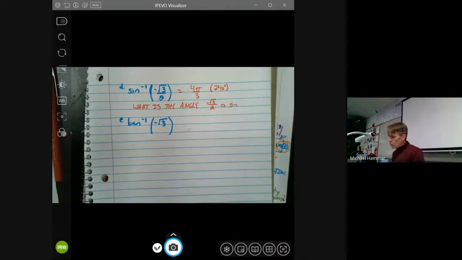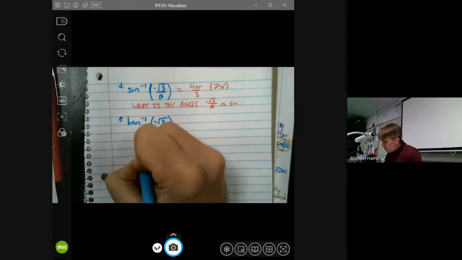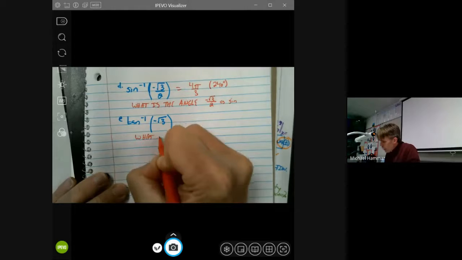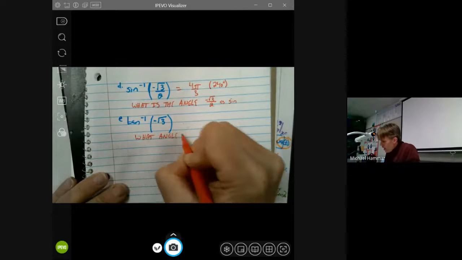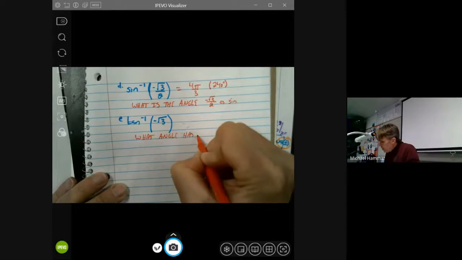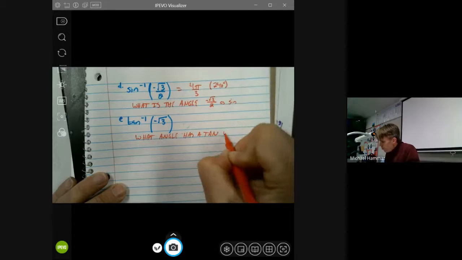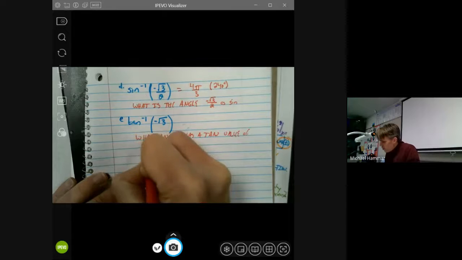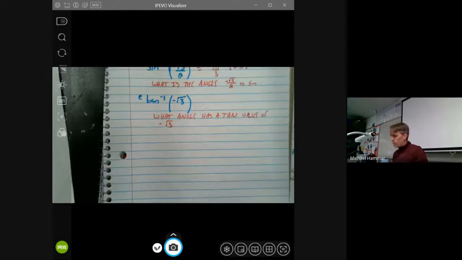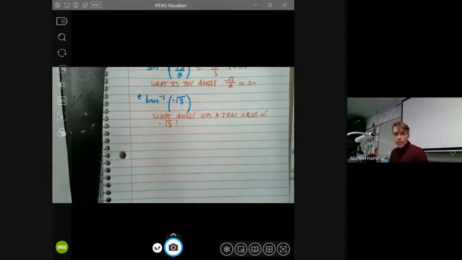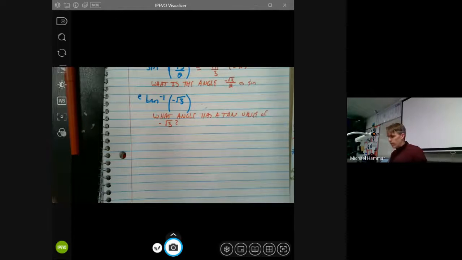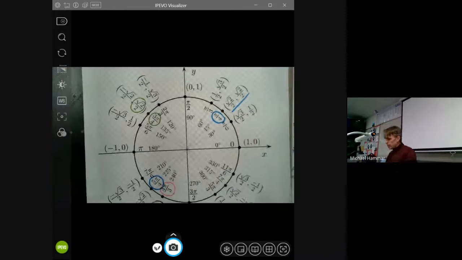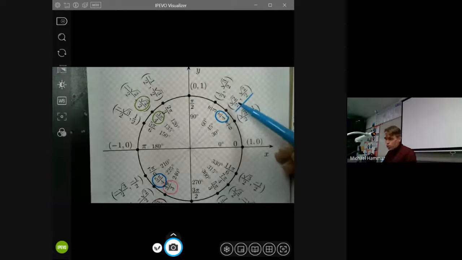So what is this asking you for? What angle has a tangent value of negative square root of 3? That's what we're trying to find, the angle value. I know for a fact that it's not going to be the square root of 2 over 2, any of those.